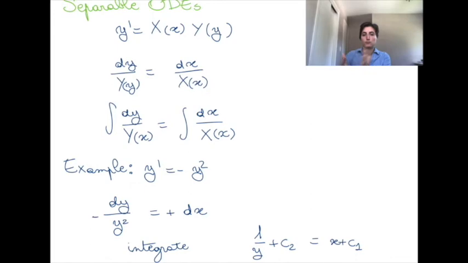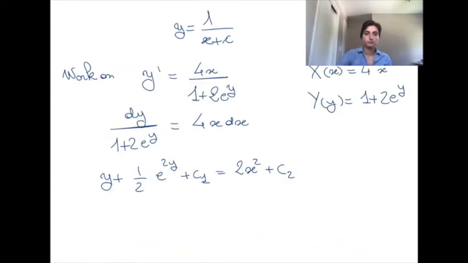That is just 1 times dx. And then you integrate on both sides, and you retrieve 1 over y plus c2 equals x plus c1. You shift things around, and you retrieve y equals 1 over x plus c.